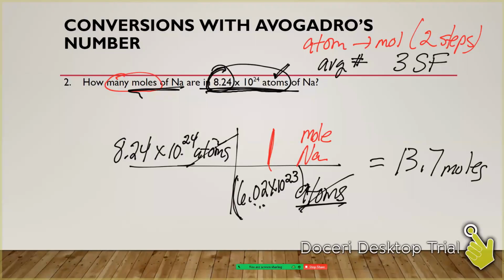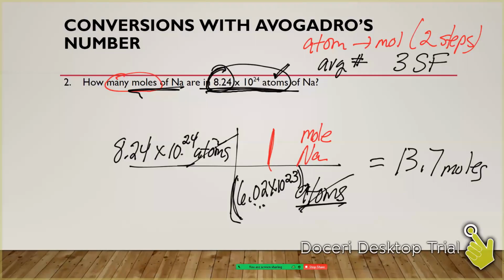If you got a real large number like 10 to the 40 something, then it's probably because you forgot to put this in parentheses. Good. All right.